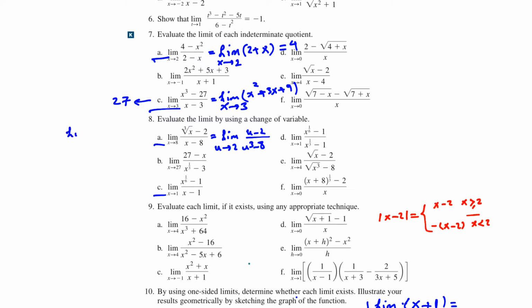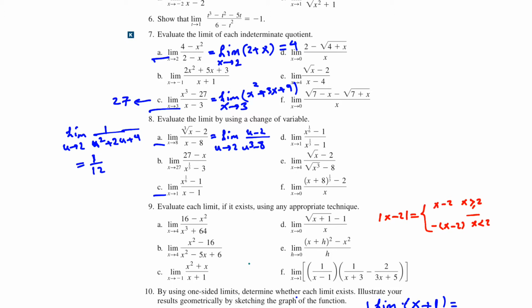Therefore, the given limit is limit of 1 over (u^2 plus 2u plus 4) as u approaches 2, which is 1 over 12. We assumed cube root of x equals u. When x approaches 8, cube root of x approaches 2.